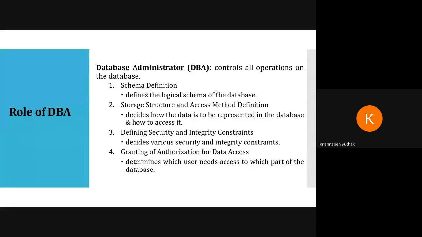It is not that if someone needs to access some data, you will give him the right of complete operation. No, you will give him the right of a few operations. Whatever data he needs, he will get rights only for that operation. He cannot access the complete database. So this will be taken care of by the database administrator.